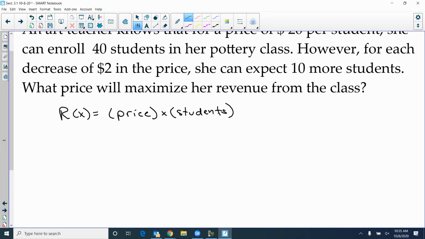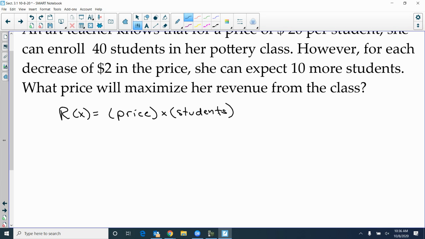Well, we know right now it's 20 times 40, but it's going to change. So how do we include that variance? We've got to throw a variable in there. You've got to think, how's that going to get handled? All right, think about that.